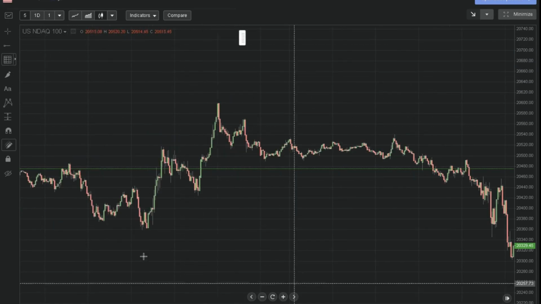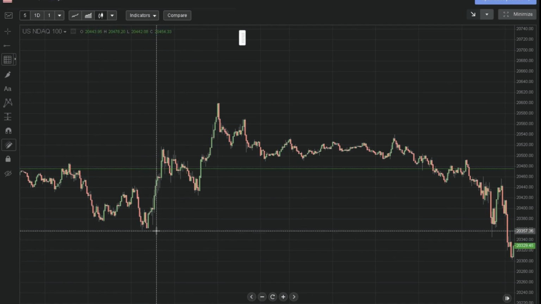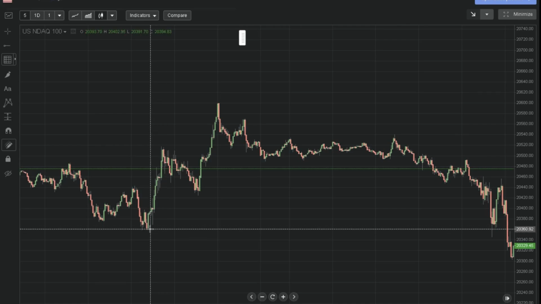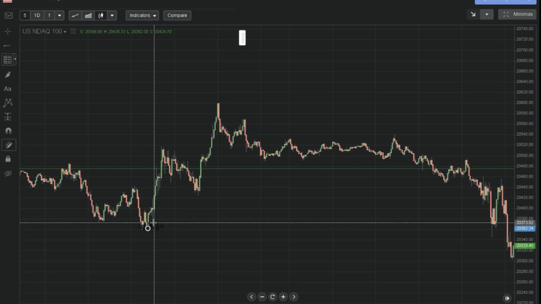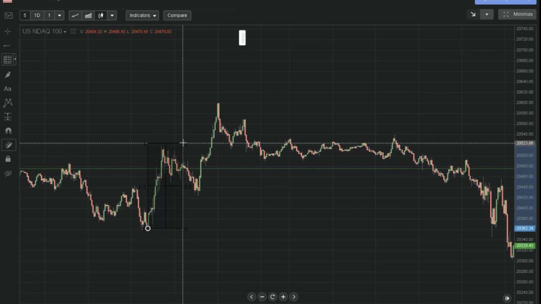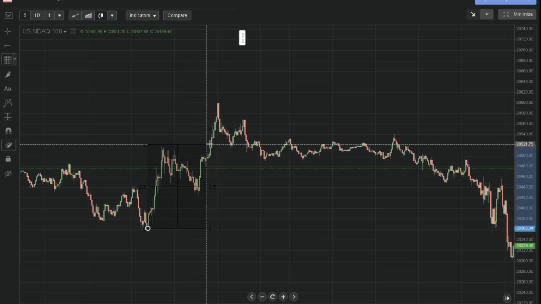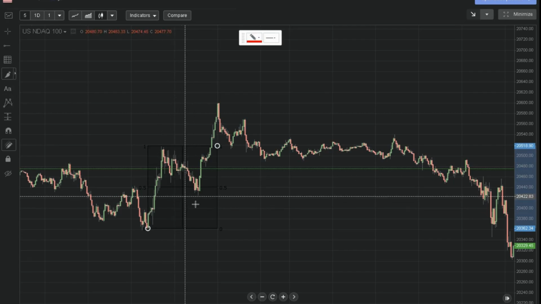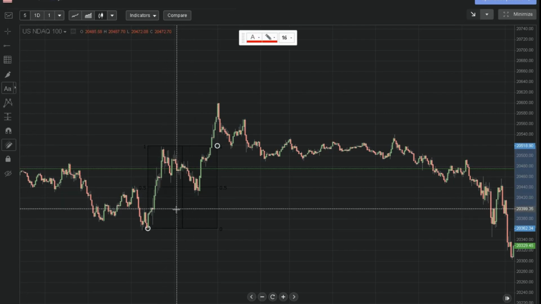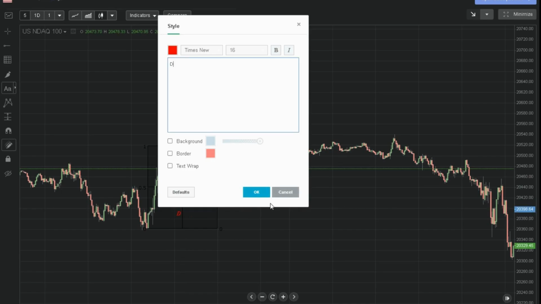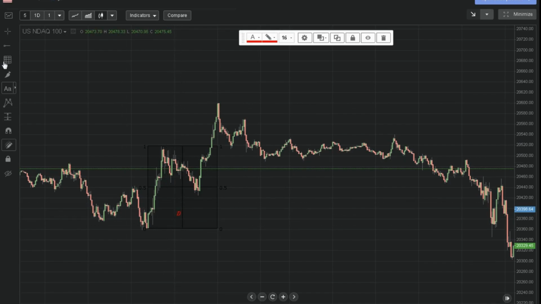So how do you identify it? It depends on what trend you are in. If you are in an uptrend, you have to take the low of the uptrend and the high like this. Here, this is the discount zone, and the upside is the premium zone.